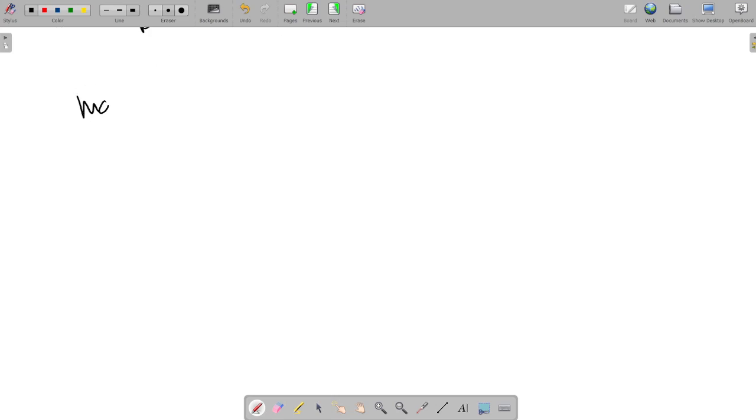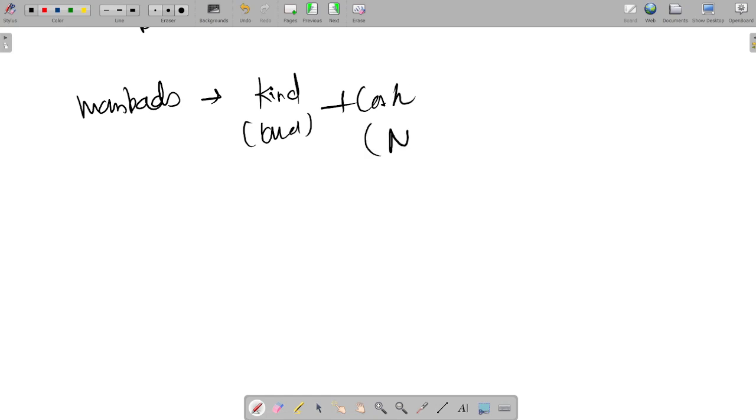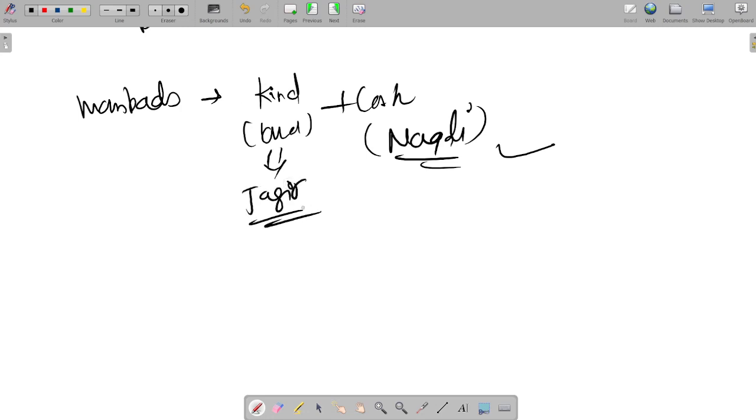The mansabs were paid sometimes in cash and sometimes in kind, that is land plus cash. Cash is called nakdi, and when paid through land it is called jagir, that is the mansabdar became jagirdar later.